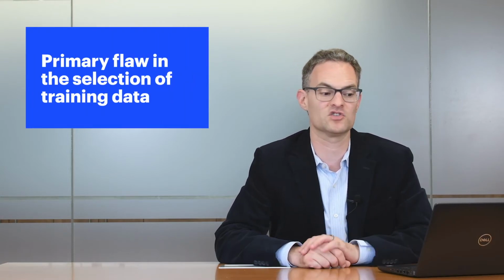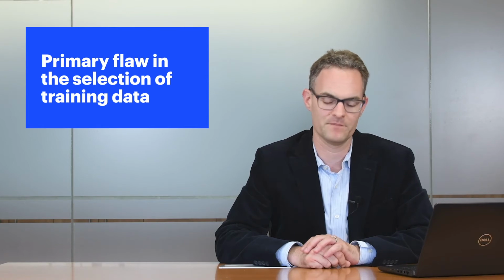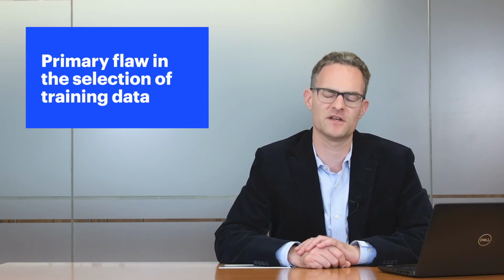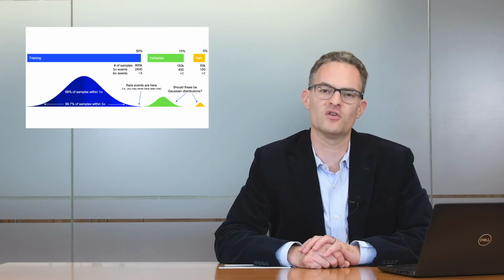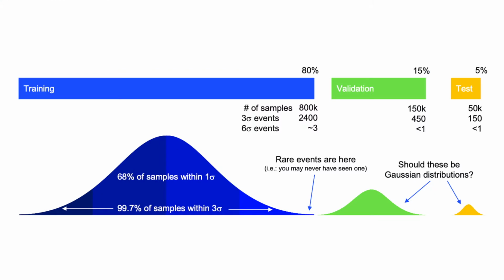They may be biased toward a certain type of sample. Now, the primary flaw in the examples I've shown is the selection of training data. This chart shows the way that training data is typically distributed. I mentioned the ImageNet data set up front. It has about 1 million images in it.